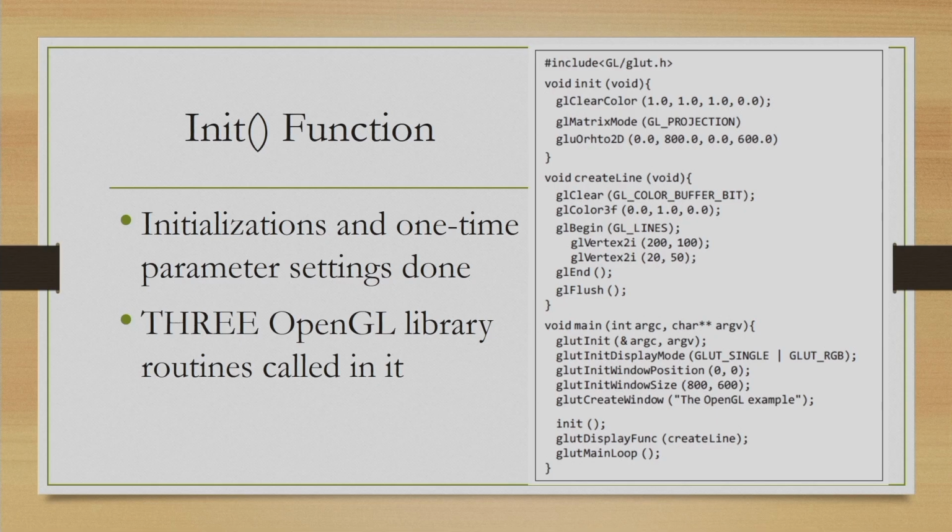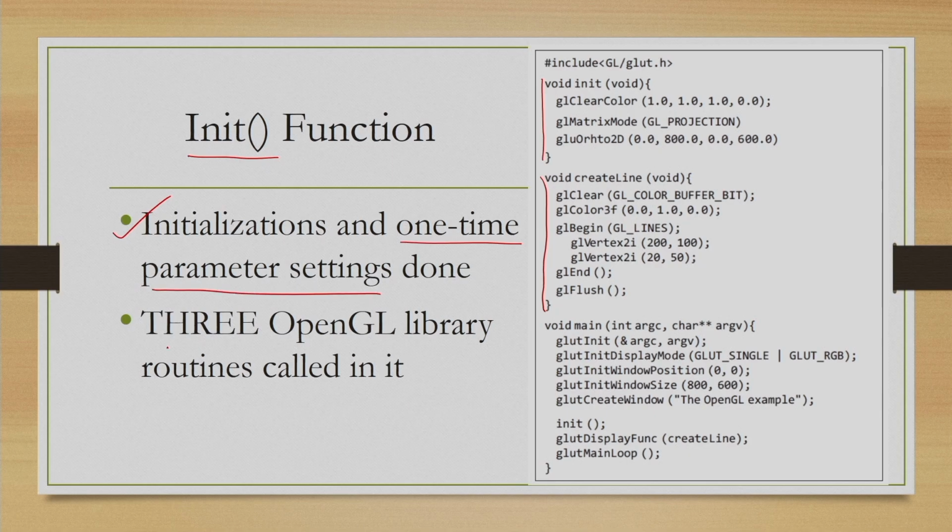Now, let us try to understand these two functions that we have defined using the OpenGL library functions. One is init, one is create line. So, let us start with init. This is essentially meant to initialize and perform one-time parameter settings.